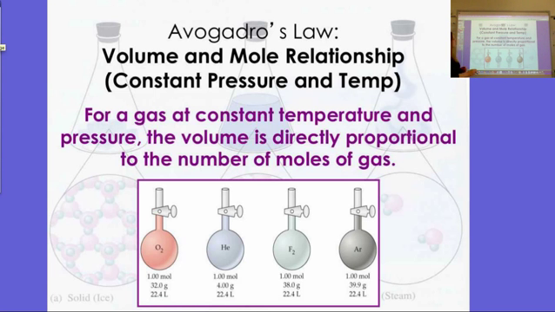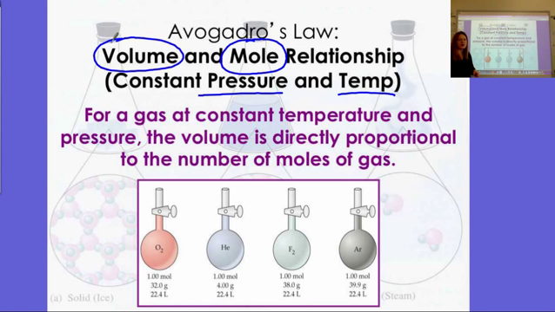Avogadro's law. Avogadro says I'm going to hold pressure and temperature constant. Why? Avogadro has to do with our conversion between moles and molecules. So now he says, get this, there's a relationship between the moles, the amount of your substance, and the volume that it takes up.